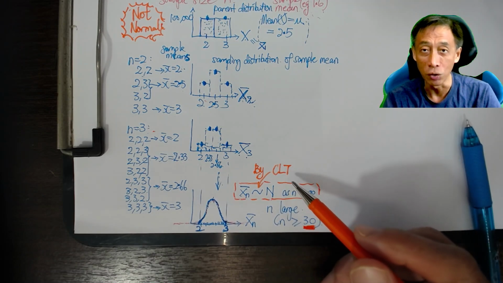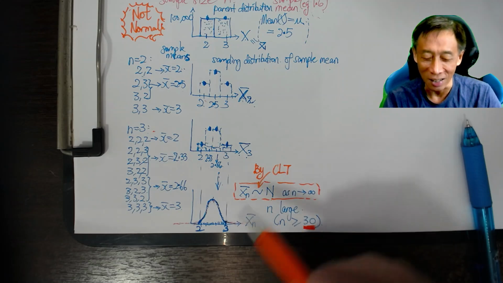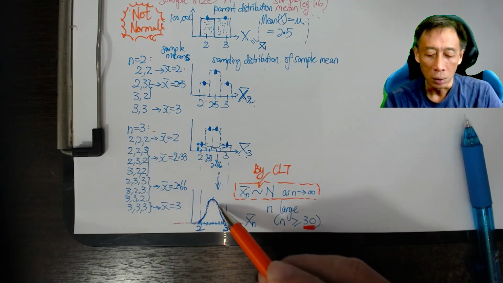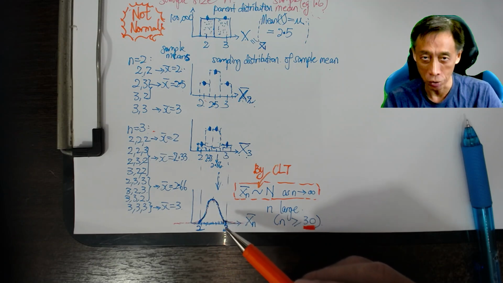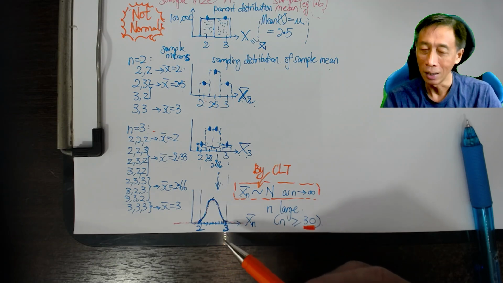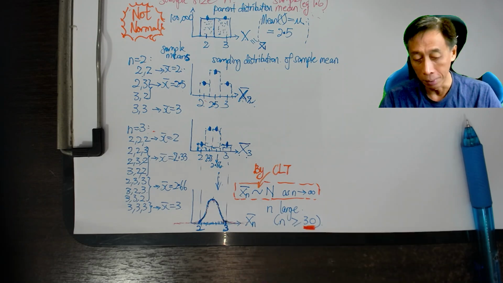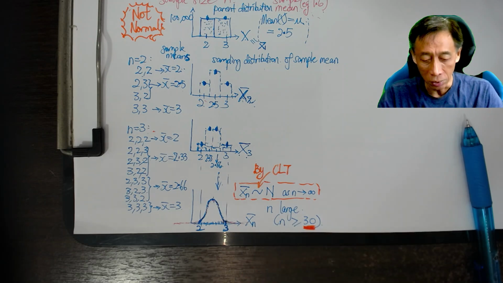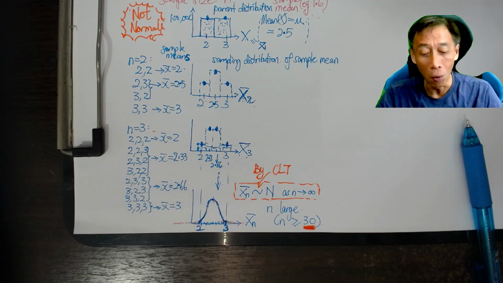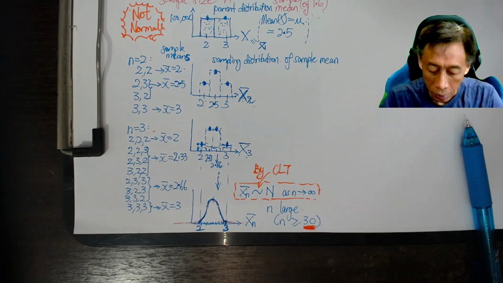It gives you a guarantee that your sampling distribution of sample mean will look very much like a normal, so much so that in all practical contexts you might as well say that the sampling distribution of sample mean, for sample size n where n is large, is normal.